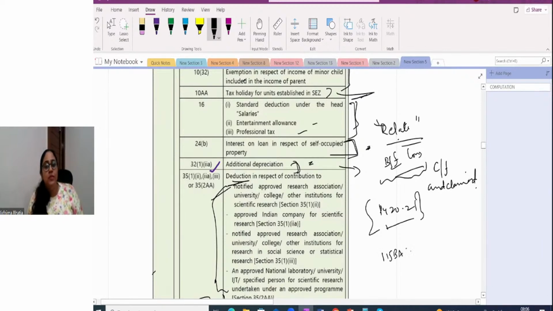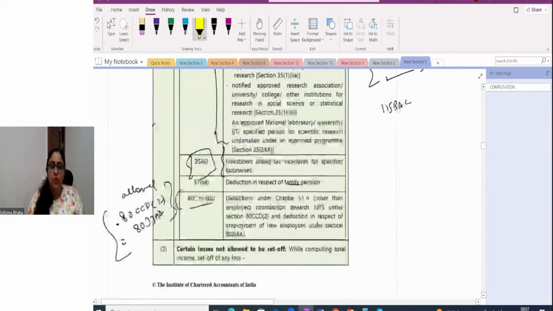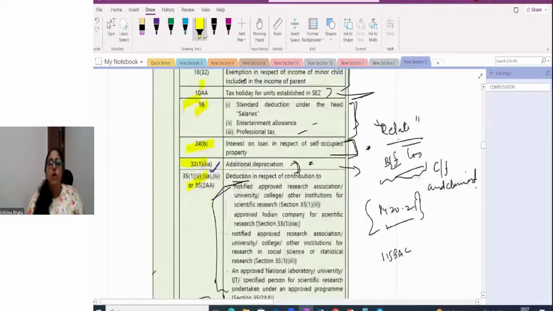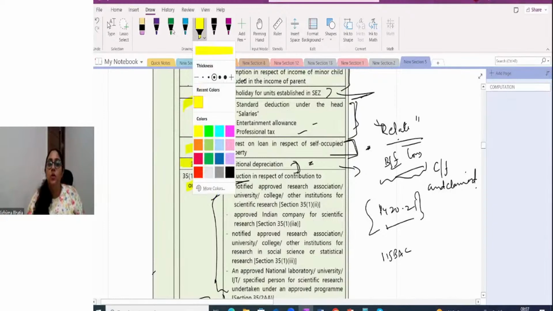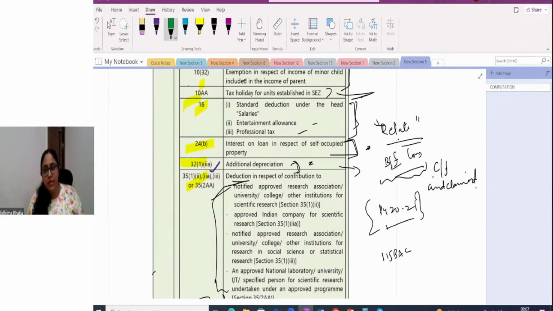Because it's common sense: when I'm not allowing these exemptions and deductions, correct? So why should I allow the losses of that to be set off in the respective year?